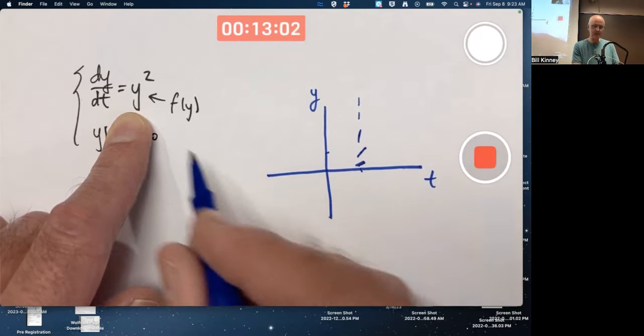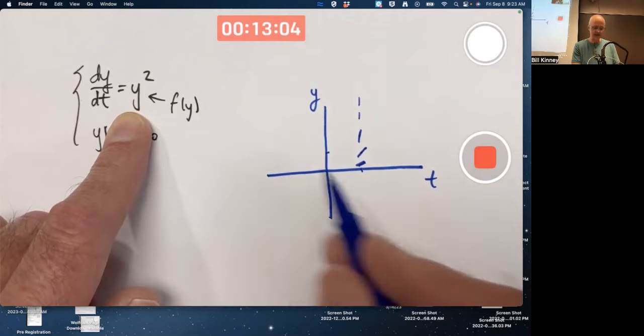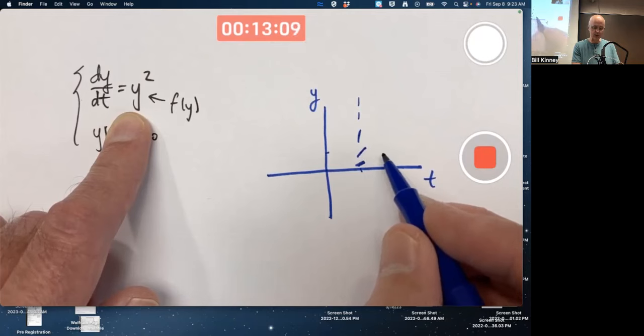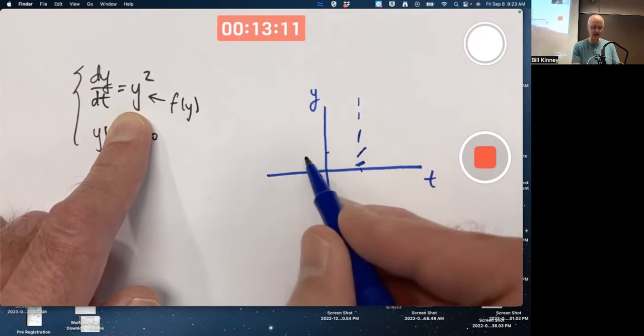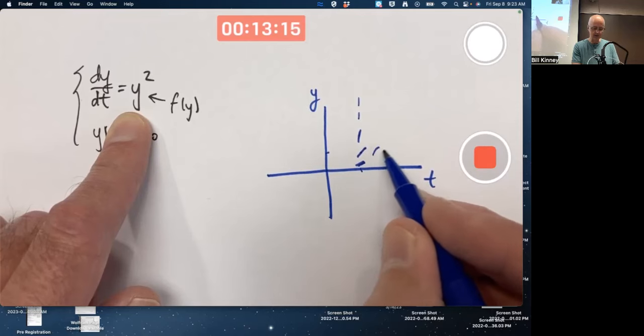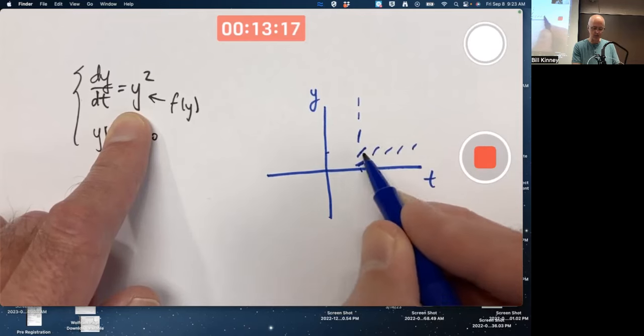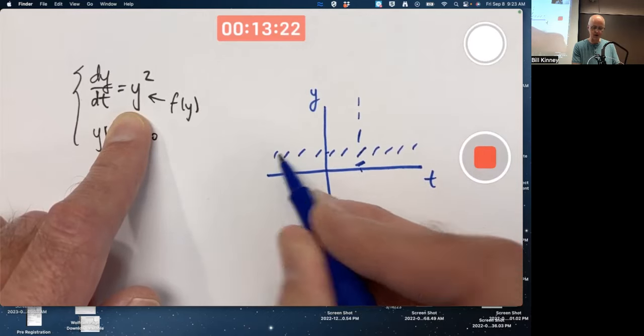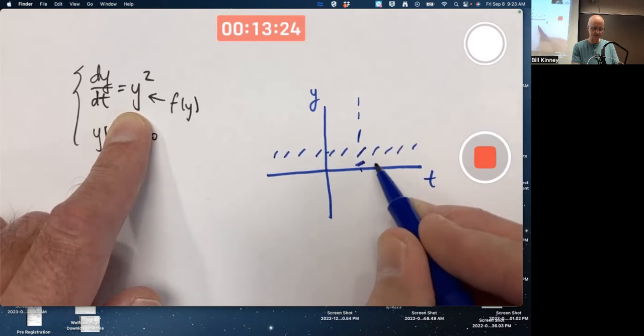And because the right-hand side is independent of t, these lines that I drew are going to be the same slope along any horizontal line. If I draw any horizontal line with the same y coordinate, I'm going to get lines that are parallel with the same slope along that horizontal line. So these lines that I'm drawing all have a slope of 1.